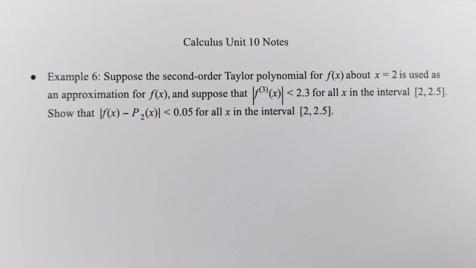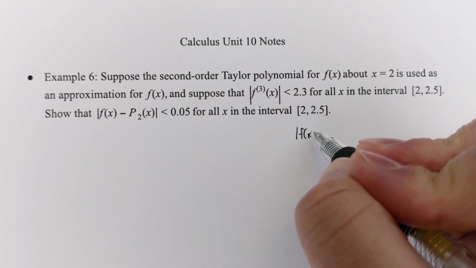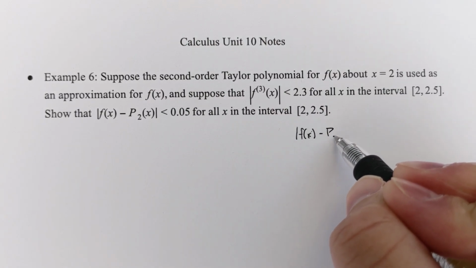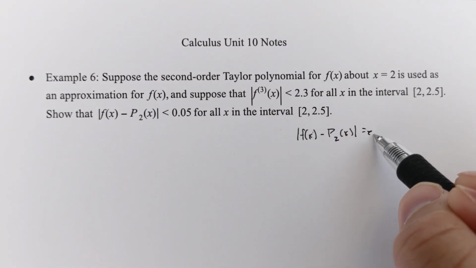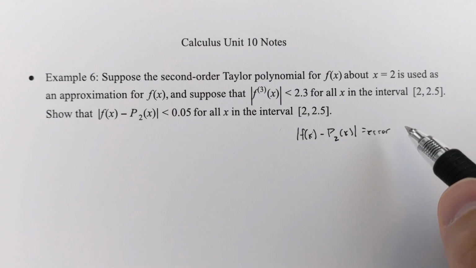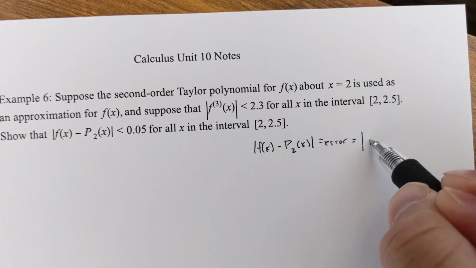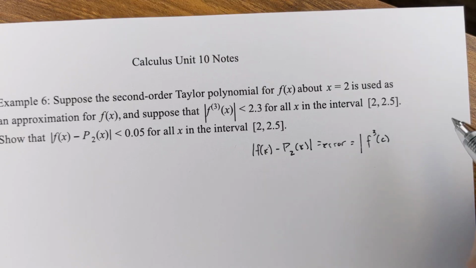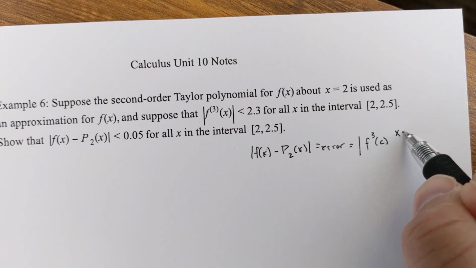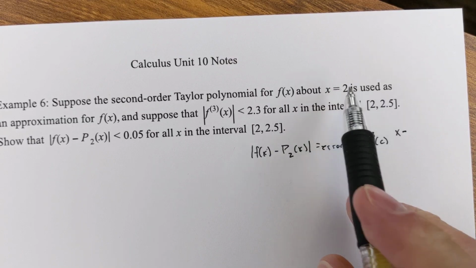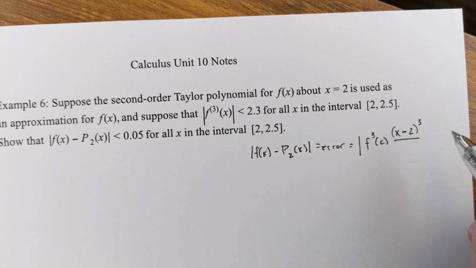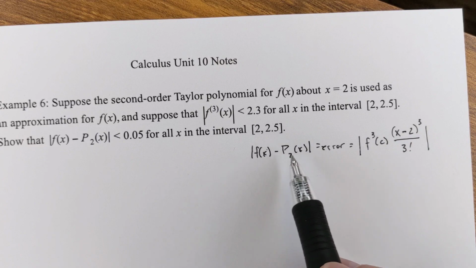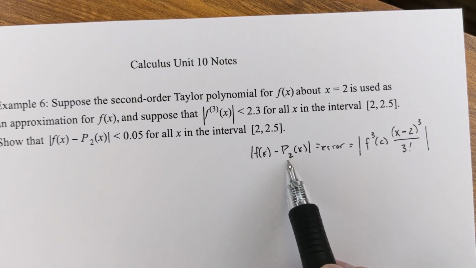So the absolute value of f of x minus p2 of x is equal to the error, which is the absolute value of our third derivative at c, times x minus a, which is 2, cubed over 3 factorial. So n is 2.